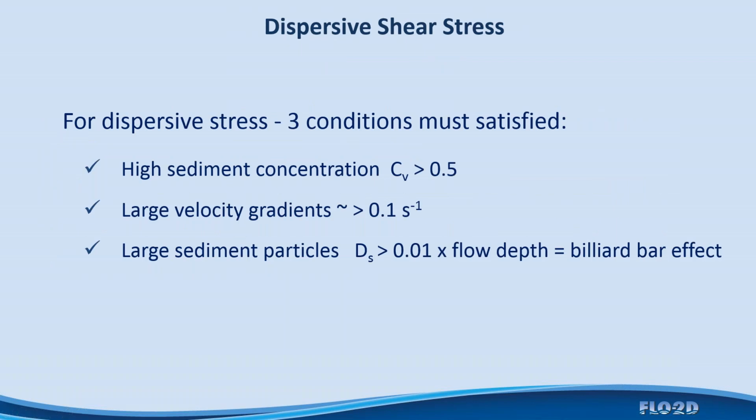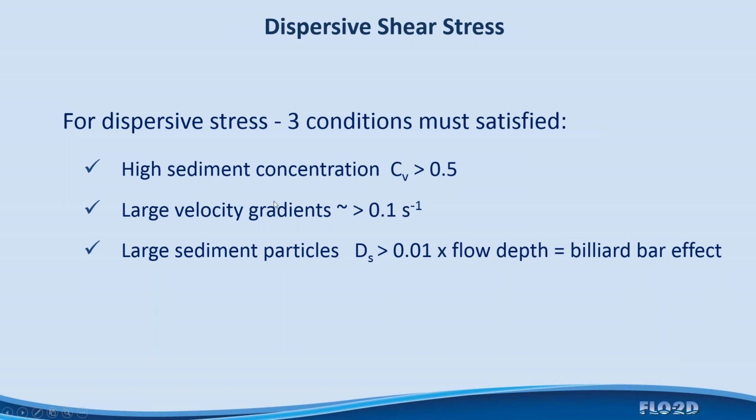So in order for the dispersive stress to occur, 3 conditions must be satisfied. Now, this is just for your edification. If you wanted more information on this, Pierre, Julian, and I had actually written a couple of papers on this back in the 80s. You need a high sediment concentration, something approaching around 50% concentration by volume.